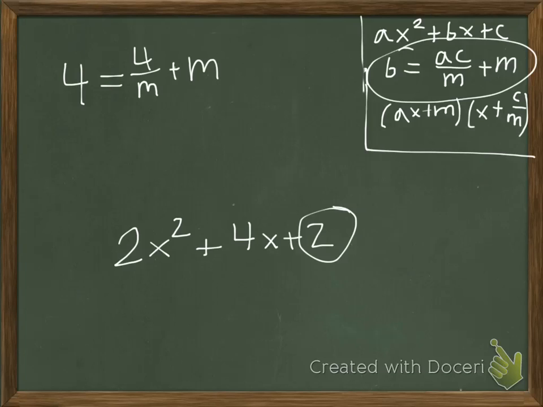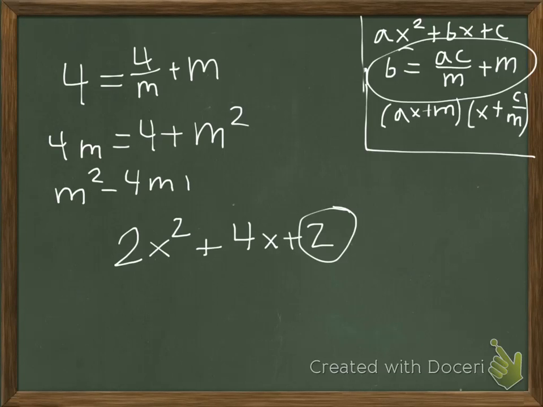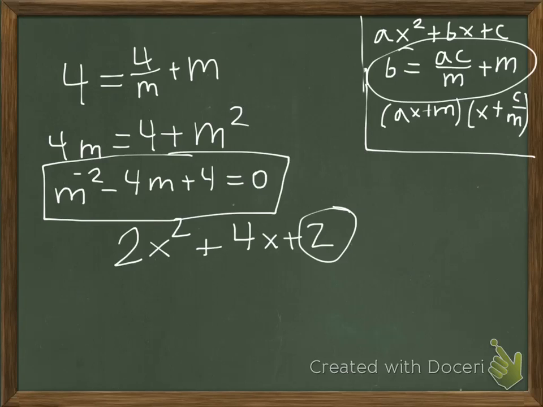Now, let's solve for m. So what I'm going to do is multiply both sides by m. So I'll get 4m is equal to 4 plus m squared. And if you rearrange that, you'll get m squared minus 4m plus 4 is equal to 0. And what do you know? This is a quadratic. And in this quadratic, the a term is just 1.